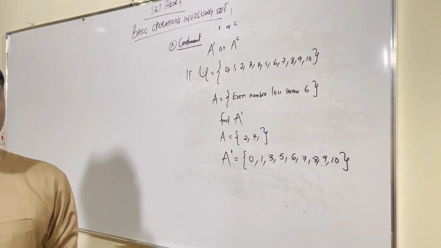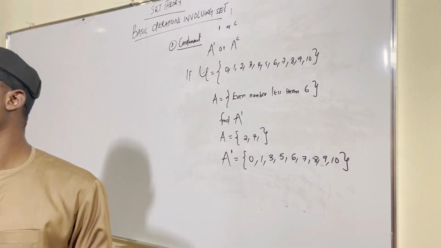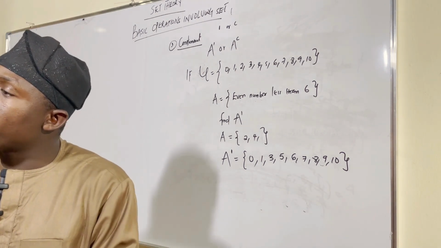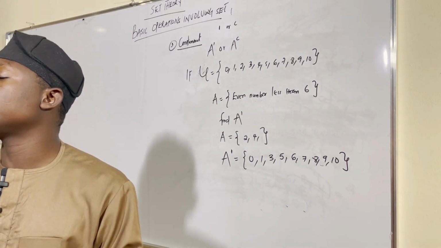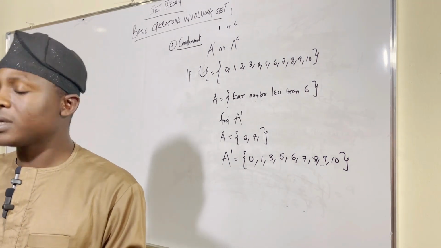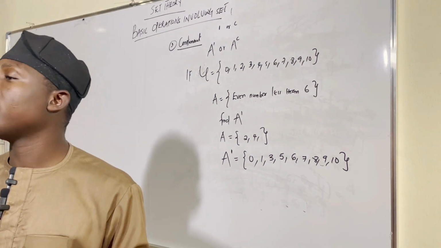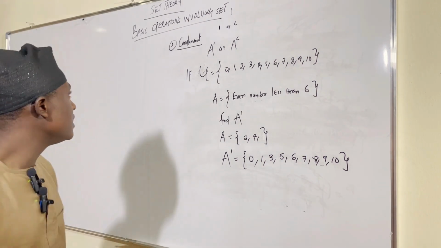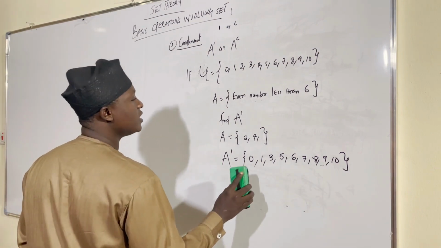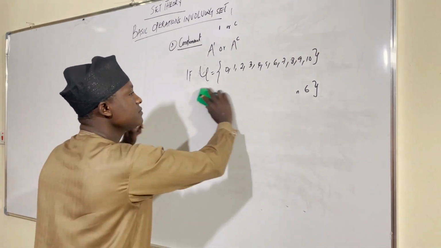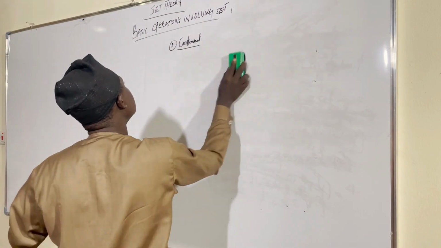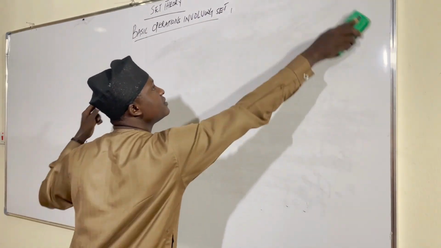So the most interesting and important part in this topic is that we can combine all these set operations, either intersection, union, or complement, in a single problem, and it's very easy to solve. Let's look at a simple example under that.